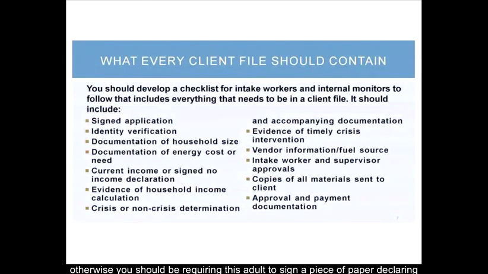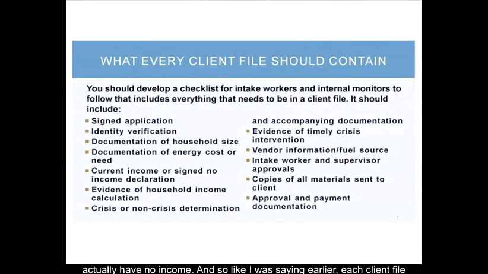Otherwise, you should be requiring this adult to sign a piece of paper declaring that they have no income. Otherwise, it's not clear in the client file if you just forgot to ask about a particular adult's sources of income or if they actually have no income.